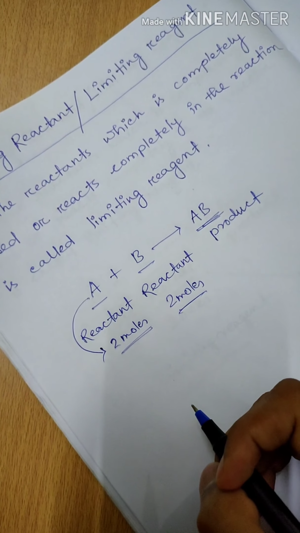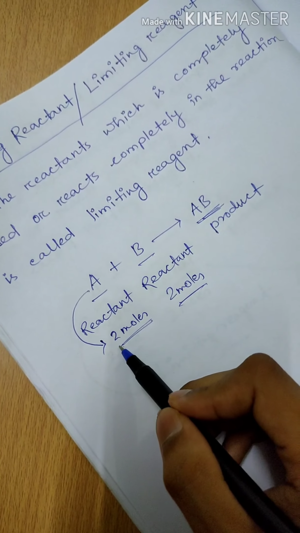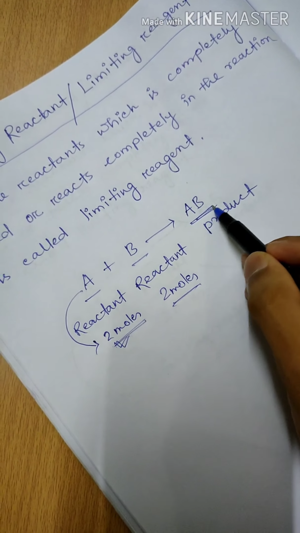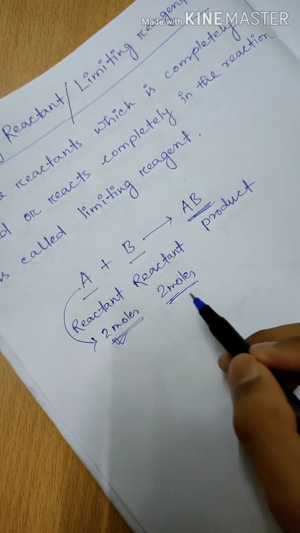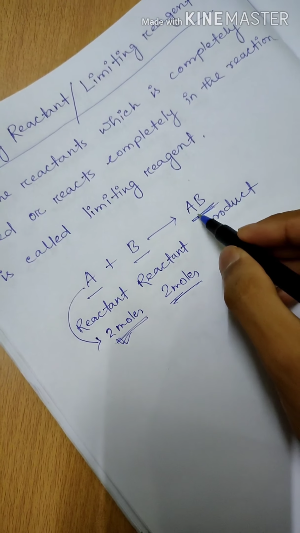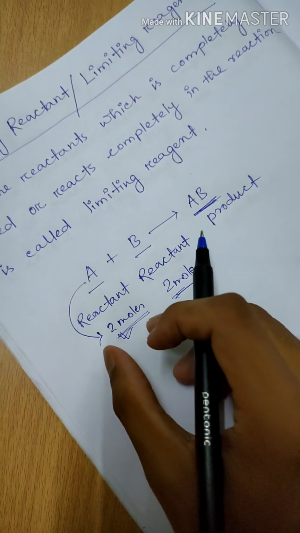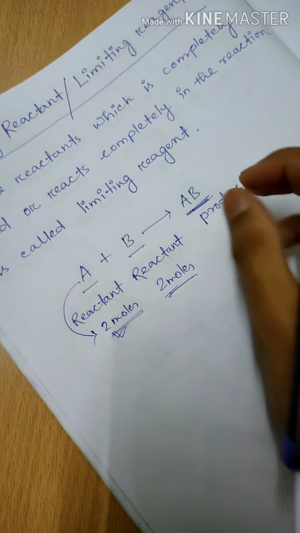be the limiting reactant? Now see, for reactant A, these 2 moles are completely used for the formation of product AB. Now in case of B, only 1 mole is used for the formation of product AB. So here the reactant A is completely used for the formation of product AB. So the reactant A will be the limiting reactant or limiting reagent.